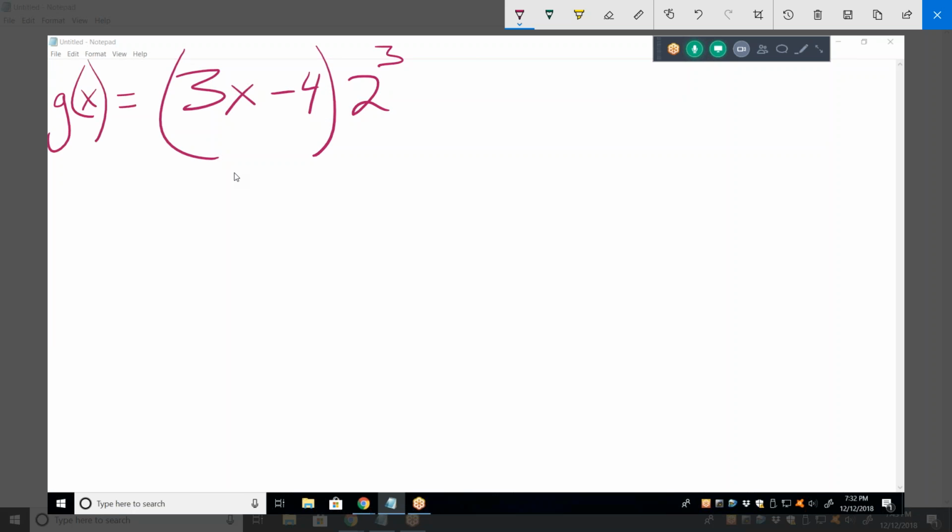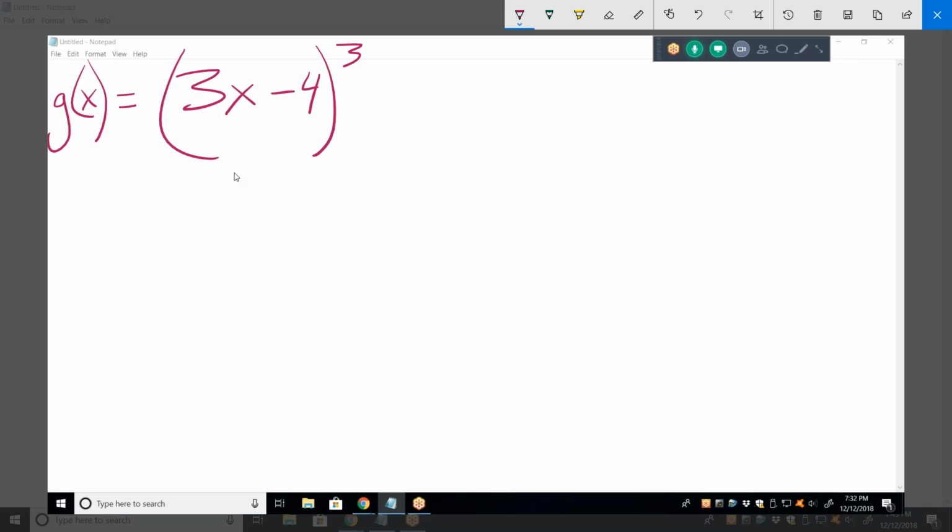Oh, the whole thing is to the third power? Yeah. And what do they want? For it to be simplified into standard form.